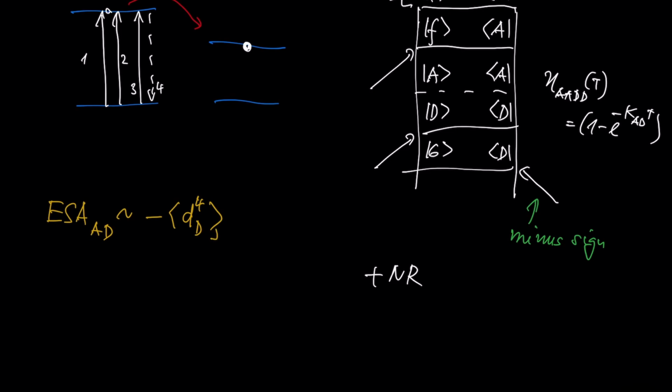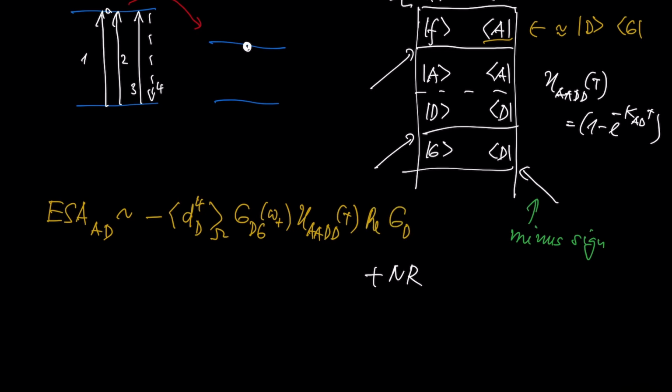so this is D to the fourth power, it's G, D, G omega T, because the last transition is basically the same as the transition D, G, for the reason that F is basically composed of both A and D excited, and the G here is from the state A. Okay, so the last one is G, D, G. The middle interval is AA, D, D, T, and here we have the real part of G, D, G omega tau.